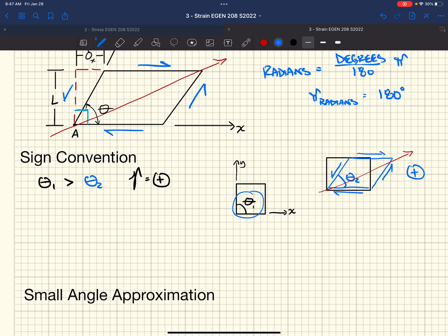Similar with normal strain: when we had a positive normal stress, we had a positive normal strain, we got elongation. We had a negative normal stress, we got a negative normal strain. Same goes here. But an easier way to visualize it: if you put a positive shear stress on it, this angle that starts out as 90 gets smaller, then it's a positive shear strain.